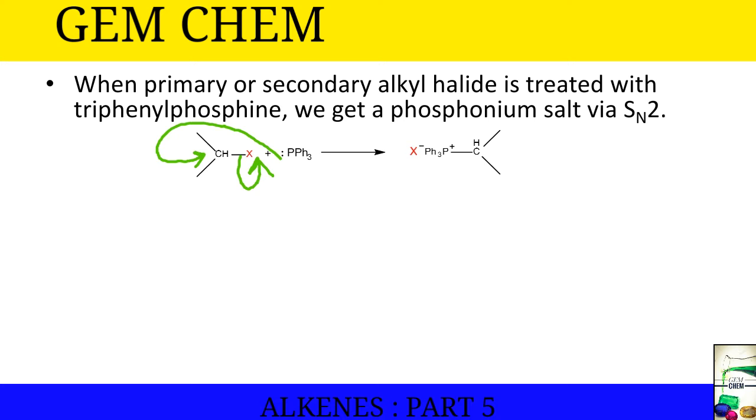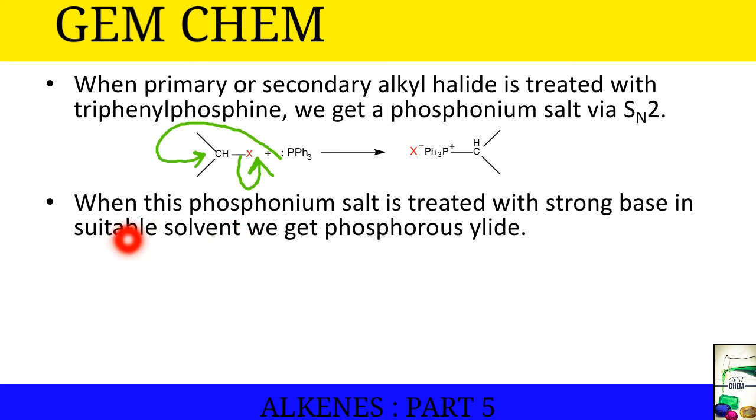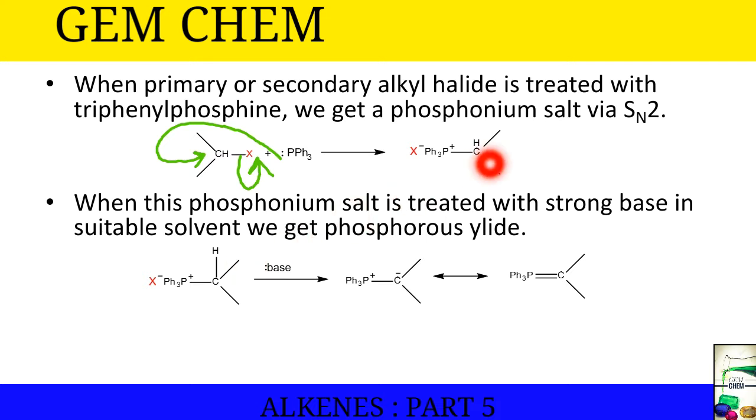Now we will see the next step. When this phosphonium salt is treated with a strong base in a suitable solvent, we get a phosphorus ylide. What kind of base? It can be of many types. A strong base is preferred, like PhLi in dry THF, or n-butyl lithium in dry ether, or NaH in DMSO.